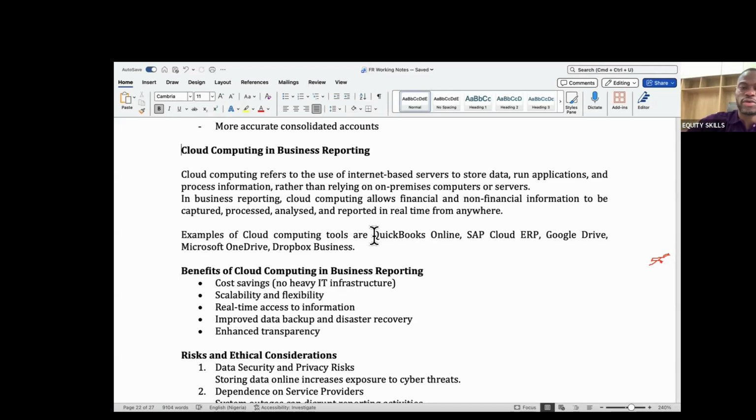So in fact, now we have QuickBooks Online, SAP, Google Drive, all of them are online now. They are all on the cloud. Even our darling Excel is online now. You don't have to download Excel on your laptop. You can use it online, right? So cloud computing.